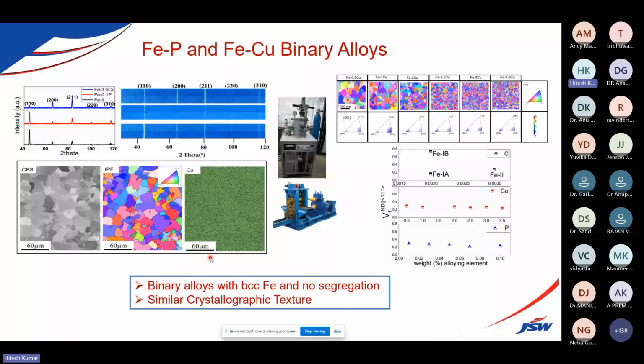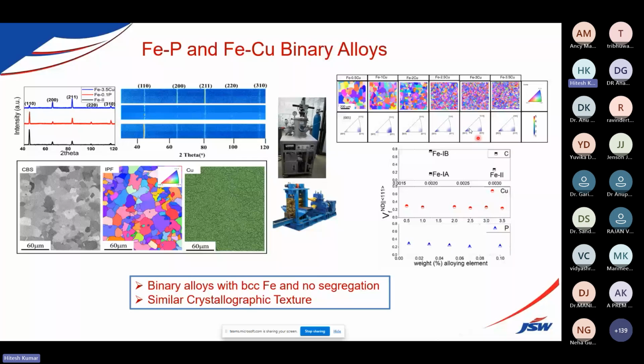Here I only included the copper material microstructure. You can see the overall texture is more or less the same in all the materials.